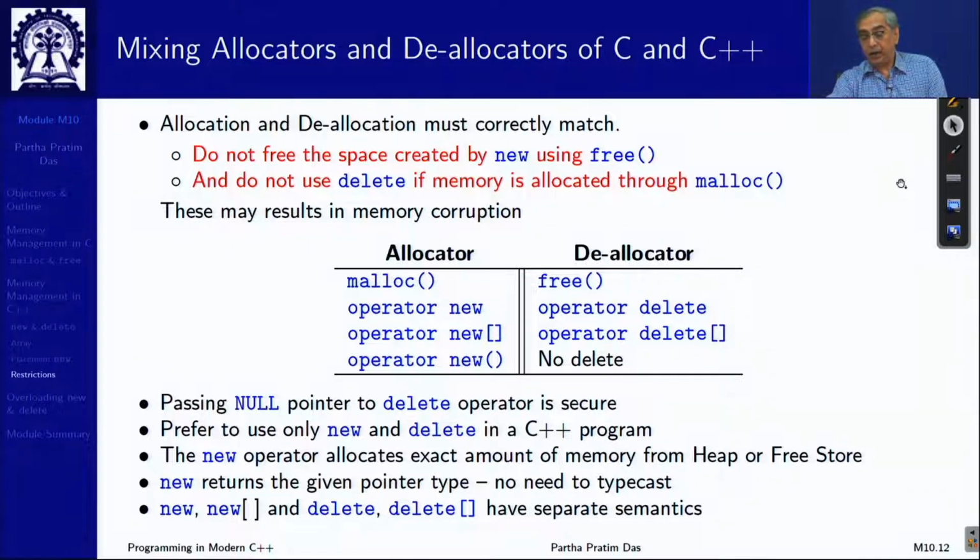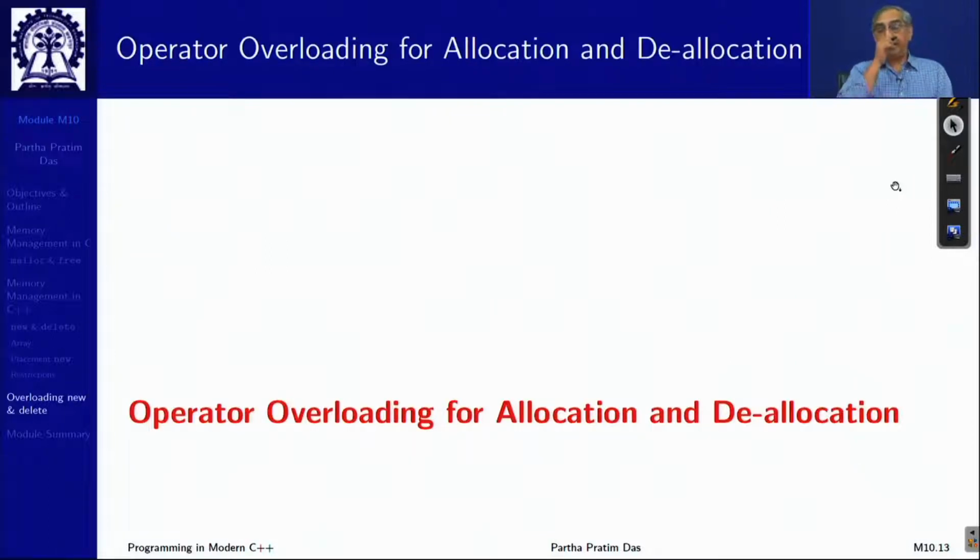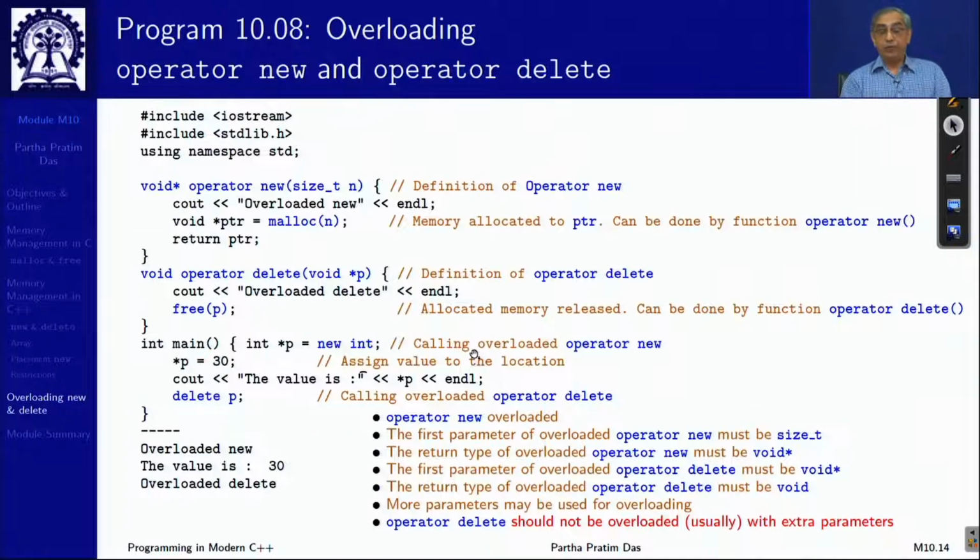Now, the last that I want to mention in terms of this is these are the operators as given, but since these are operators, they can be overloaded, and it is okay to overload them for several reasons. So, here is an example of overloading operator new and operator delete. Now, operator new must have this minimum signature.